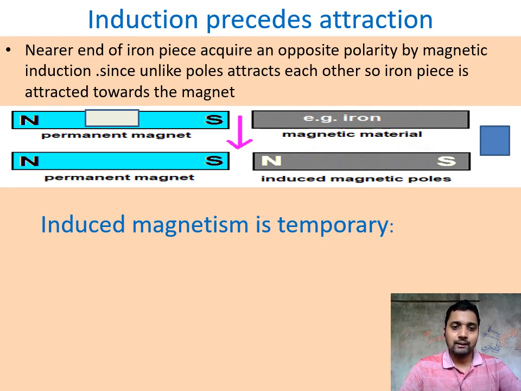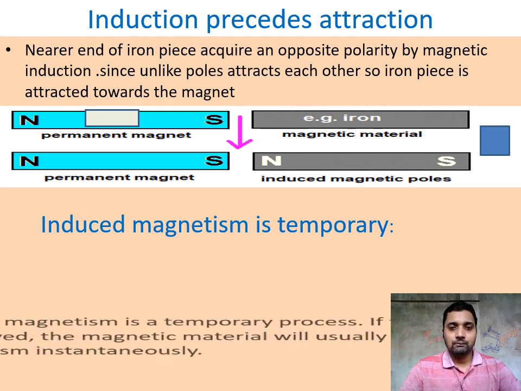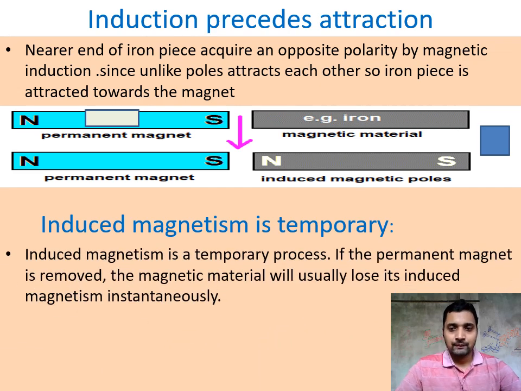But once the magnet is removed, the magnetic power is also removed. For that reason, induced magnetism is always temporary in nature. If the magnet is removed, the magnetic material will also lose the magnetic power instantaneously, at the same time. So induced magnetism is temporary in nature.